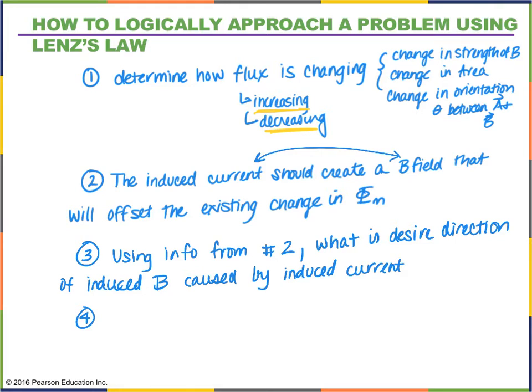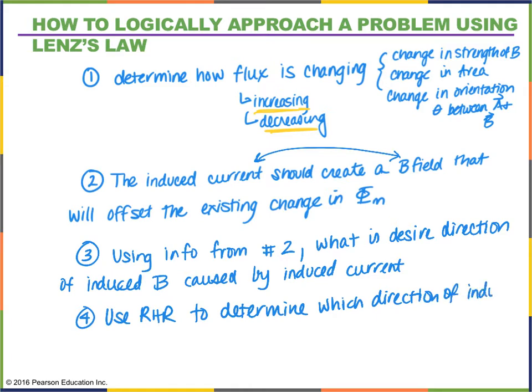Now that you know what kind of magnetic field you want, then it's up to you to figure out which direction the current should flow. Lucky for you, you're going to have 2 choices. The current can usually only go this way or that way. And so use your right-hand rule to determine which direction of current will give you the desired induced magnetic field.